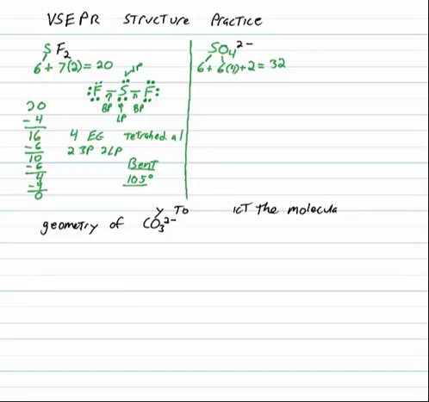So let's put our first non-hydrogen in the middle, sulfur, and attach everything to it with a single bond. That used up 8 electrons. I now have 24. So let's fill in the octets of the oxygen atoms. They're all the same. Each of them is going to need 6 electrons, or 3 pairs.